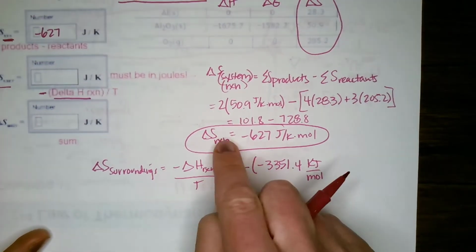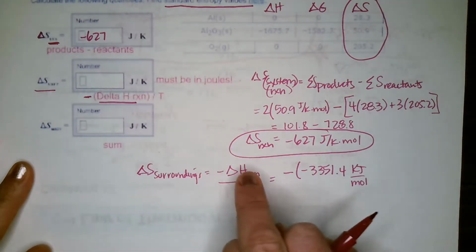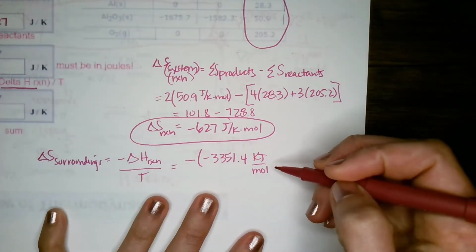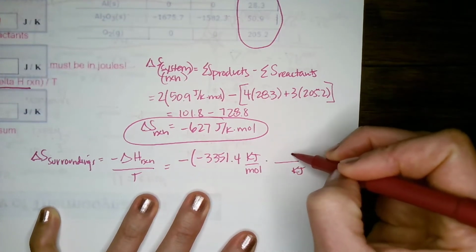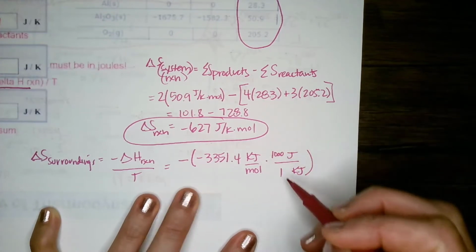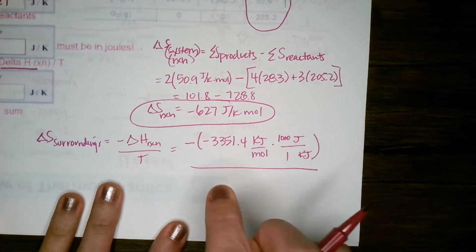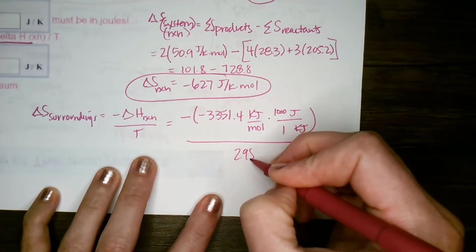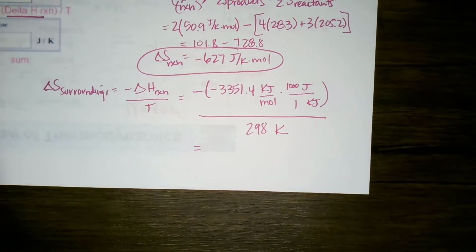Now when we add up our reaction and our surroundings, we need them to be in the same unit, and to find our delta S, we need it to be in joules, and this H is in kilojoules. So let's just right off the bat change this to joules. We know that for every 1 kilojoule, there's 1,000 joules. So we'll just do that right off the bat. And then we'll divide it by our Kelvin temperature. It told us right up here is 298 Kelvin. All right, so let's do some math here.